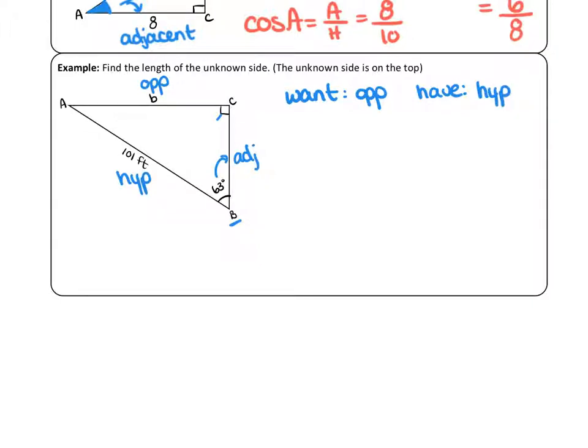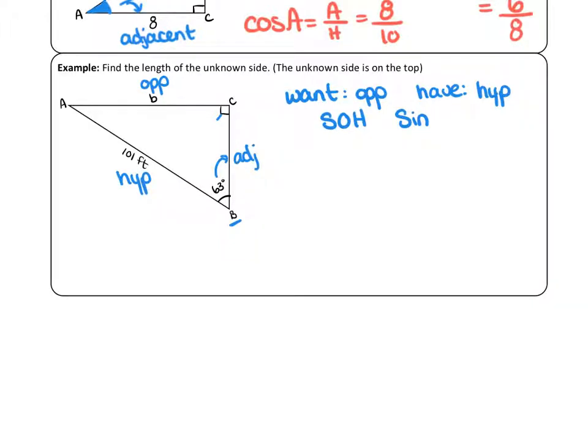So then I think back, which one of my ratios has the opposite and the hypotenuse? If I look back up there, I know that sine was opposite over hypotenuse. So in this case, I'm going to use sine because I want the opposite and I have the hypotenuse. So it just makes sense to use sine.